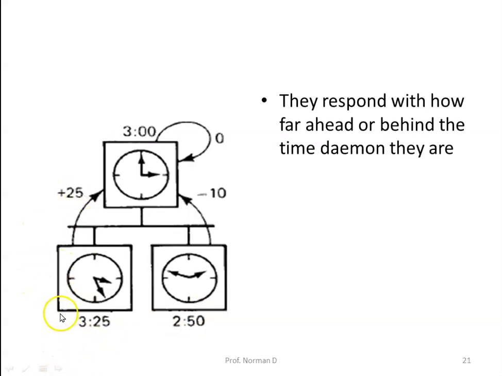In return, each replies back with how much lag, or what is the difference, between the master and the slave. Here the difference is plus 25, here it is minus 10. After taking the average of all this, the new time will be sent to the slave nodes. Thus it helps us in synchronizing the time across the entire network in a distributed system.